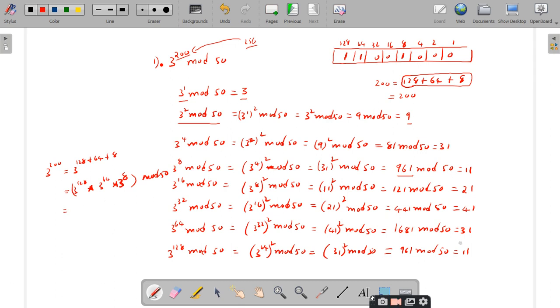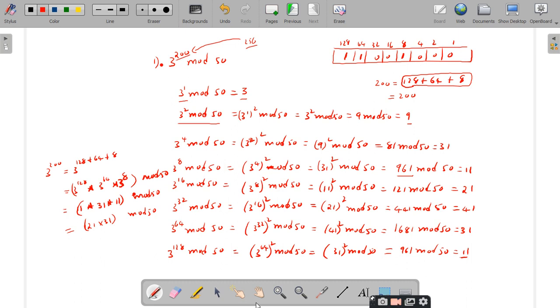What is 3 power 128 mod 50? 11, right? 11 star. What is 3 power 64? 31 star. What is 3 power 8? 11 whole mod 50. So 121 into 31 mod 50.